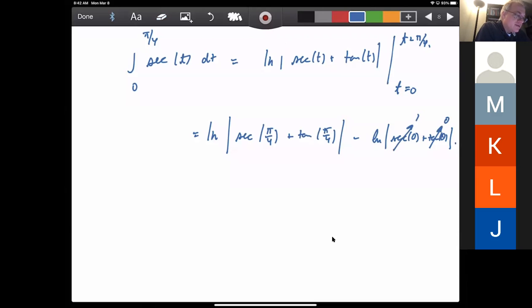Natural log of 1 is 0. So that lower limit doesn't contribute. So we're down to natural log of secant of pi over 4 plus tangent of pi over 4. Now, tangent of pi over 4 is 1. And what is secant of pi over 4?